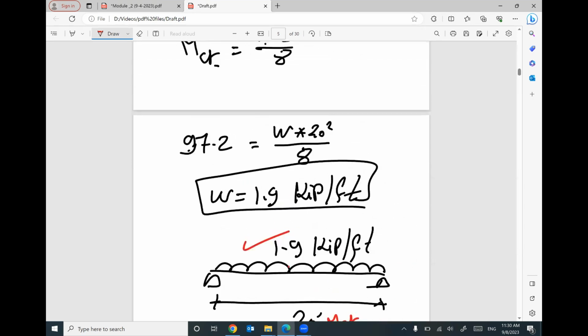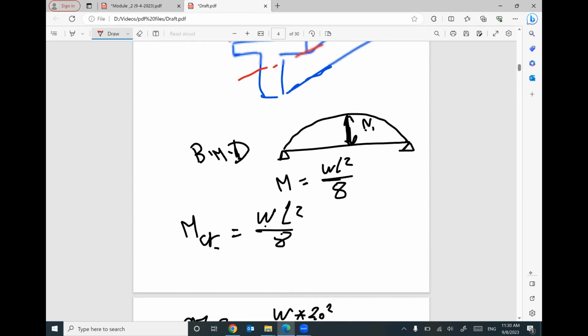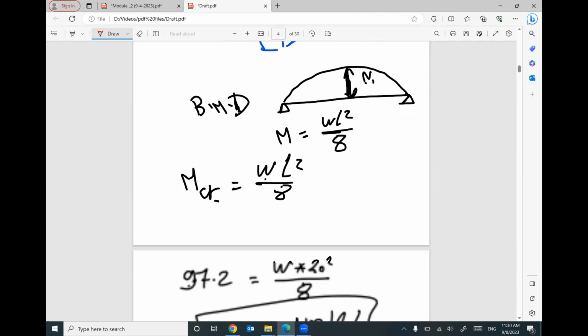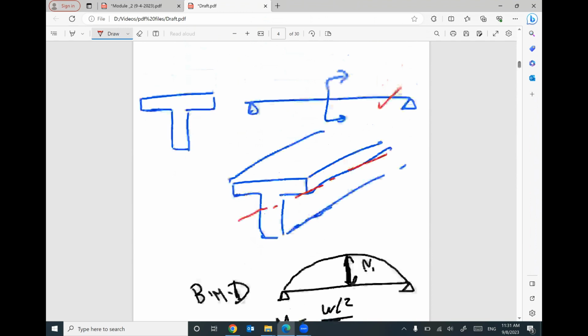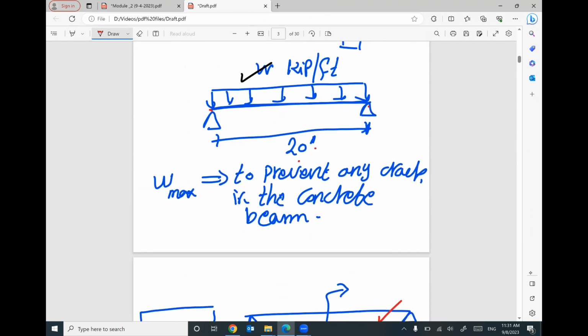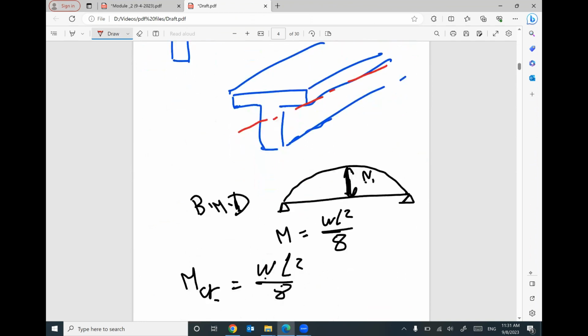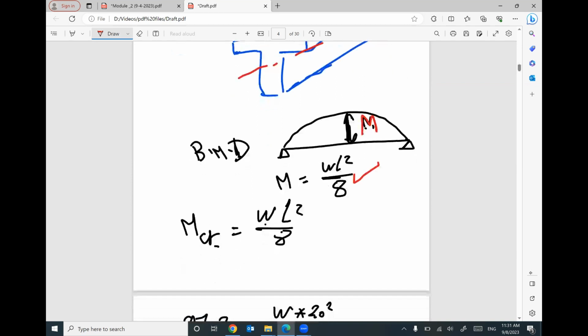So keep in your mind, we have a good connection between structural analysis and concrete design. Structural analysis will give you, under the effect of the applied load, the bending moment diagram.